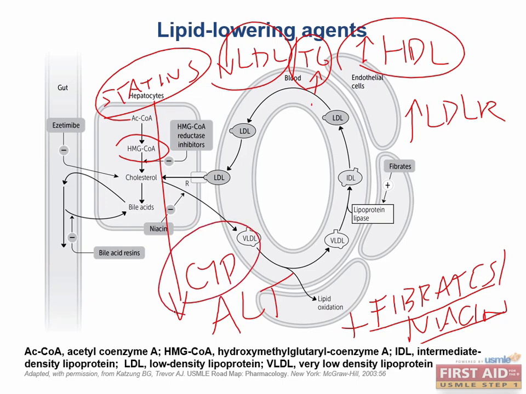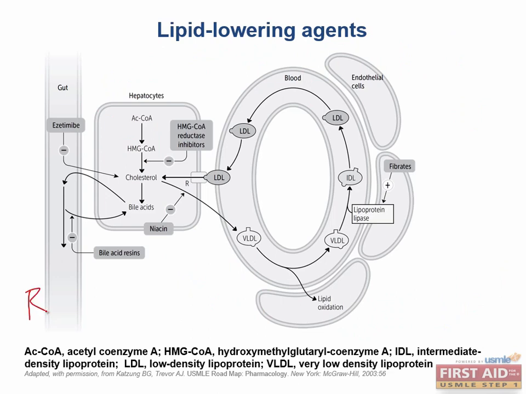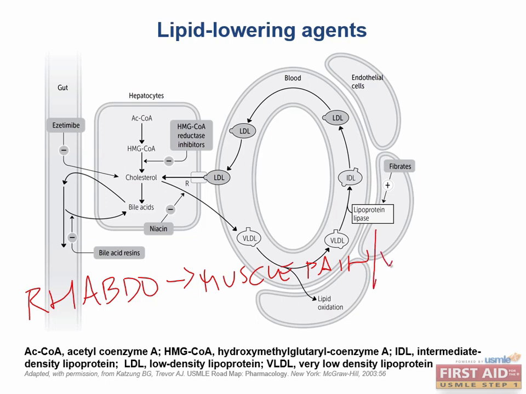Another super high yield fact is rhabdomyolysis. It brings in the pathophysiology of excessive muscle breakdown and its complications. That's a great question. Be on the lookout for a patient on a ton of drugs, including a statin and a fibrate, presenting with muscular pain, weakness, and dark brown urine.